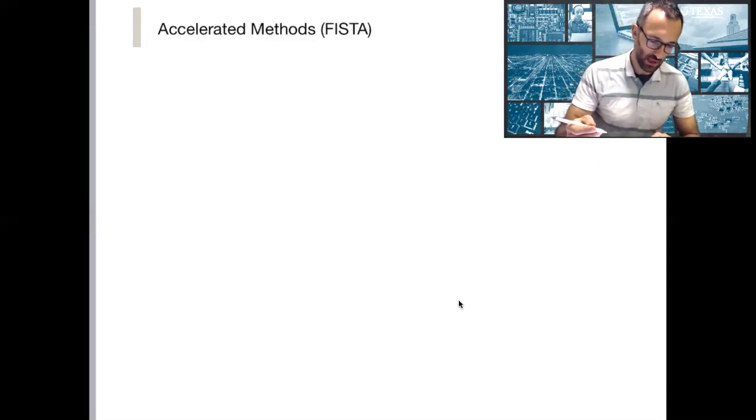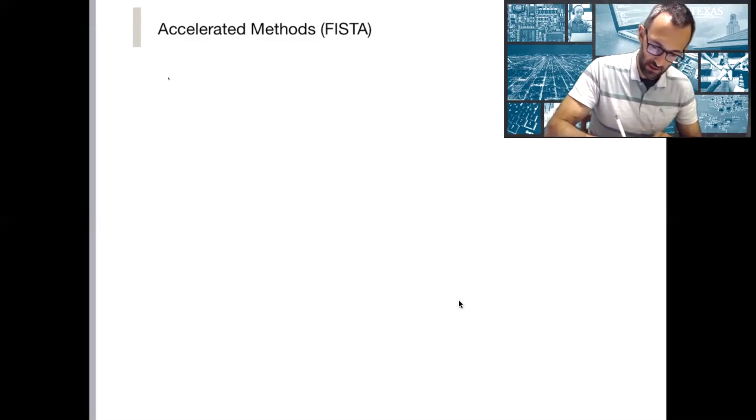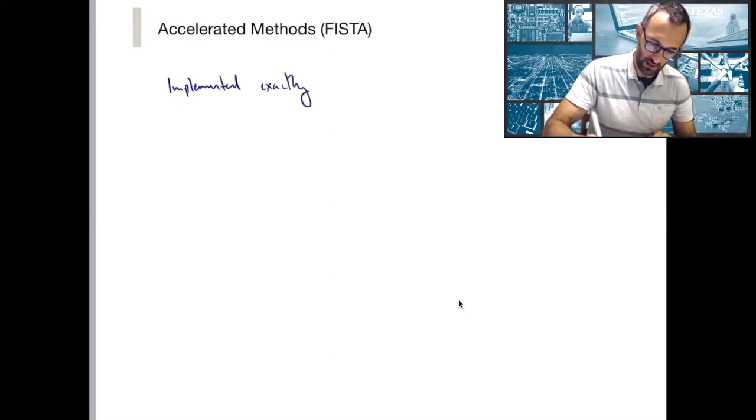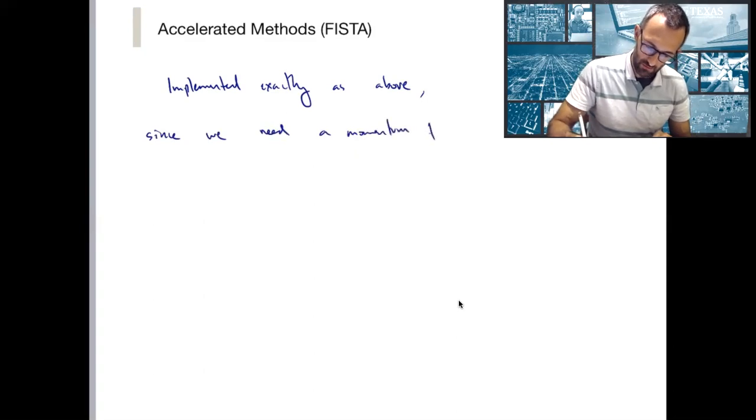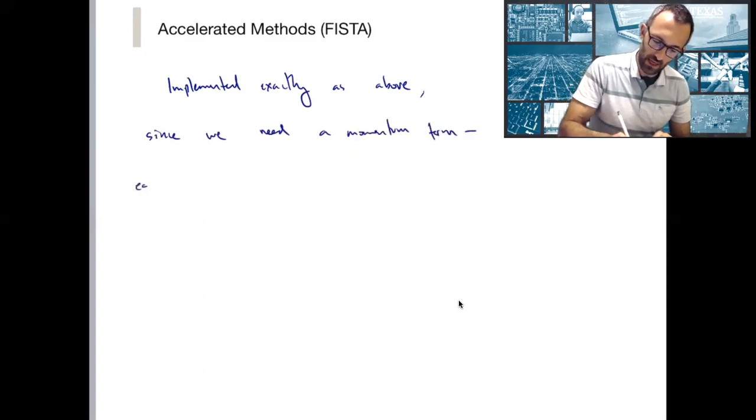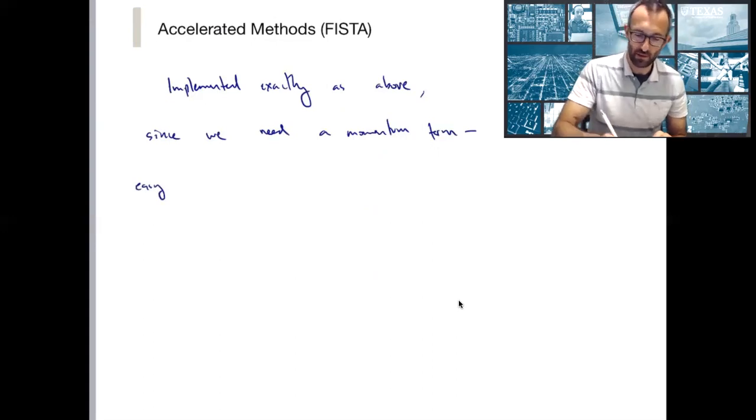So it's implemented exactly as above, since we need a momentum term, which again is easy from a computational perspective since we're anyway computing the trajectory.